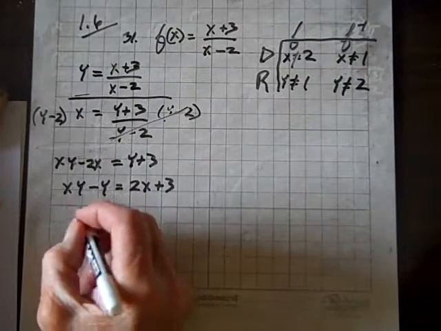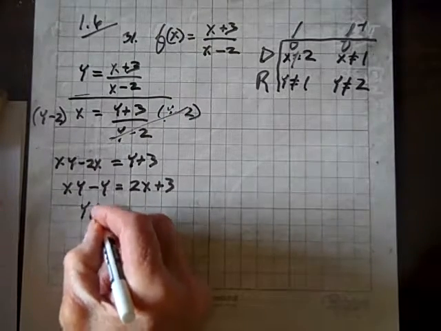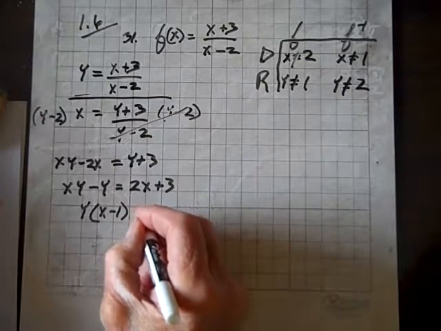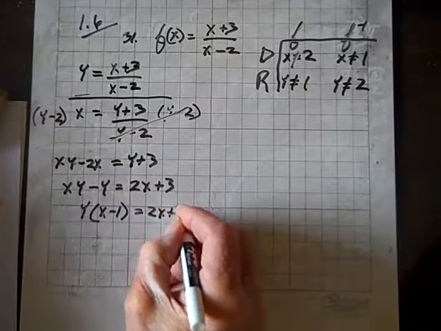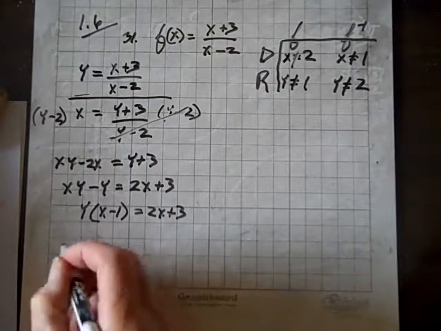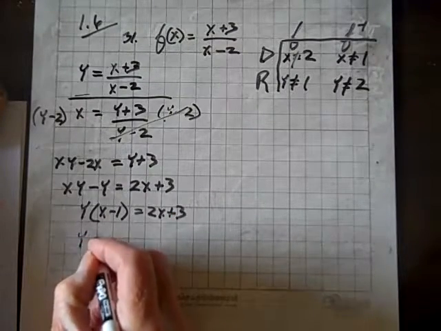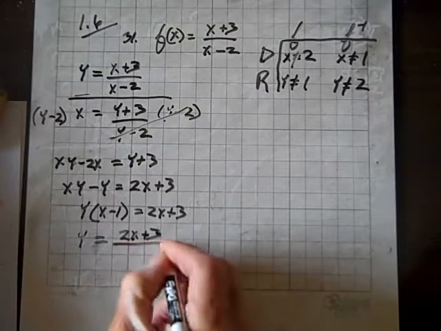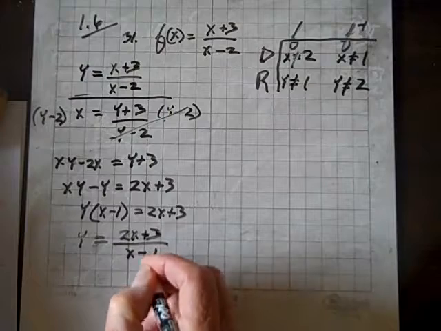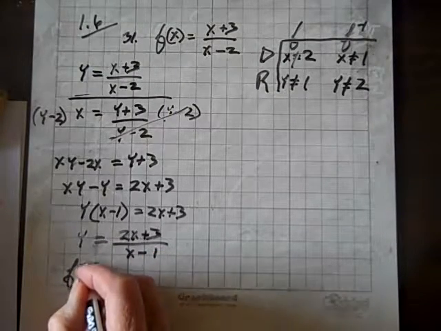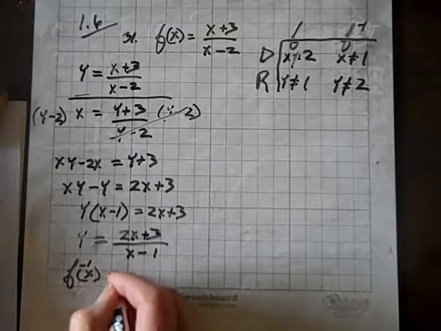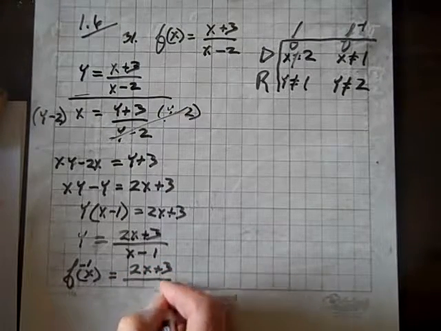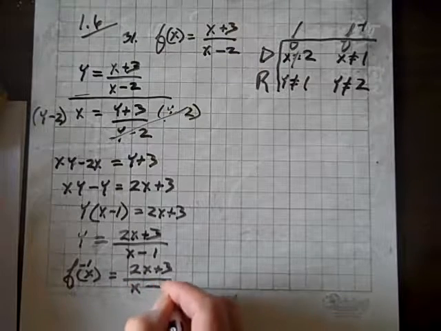Now let's factor a y out of each of these terms, and we get x minus 1 as a factor on y equals 2x plus 3. Now isolate y, and we get y equals 2x plus 3 over x minus 1. And now we'll claim that f inverse of x equals 2x plus 3 over x minus 1.